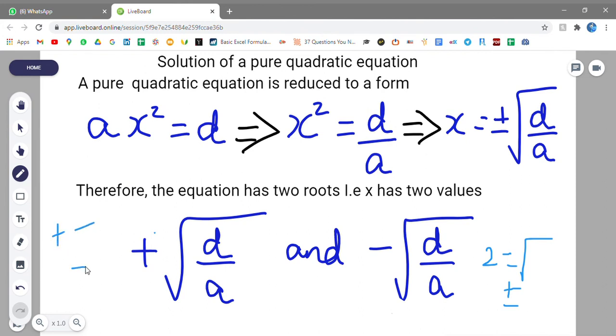The first root is plus square root of d by a, and the second root is minus square root of d by a. This is how you find the two roots for the quadratic equation.